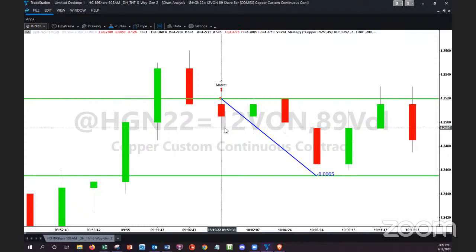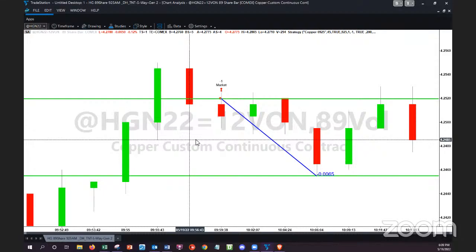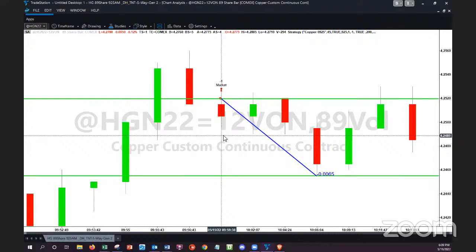If we look at the timestamp on this candle right here, it's 09:59:38. Look at the timestamp on this candle here, it's 09:56:43. So at 09:58, when that time occurred, that's where the market was, and that's where it placed the order.